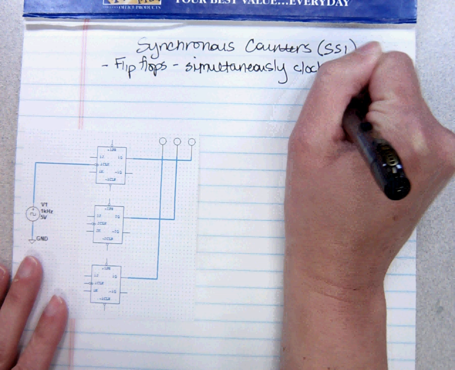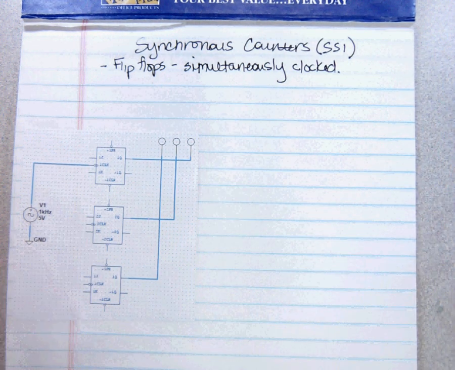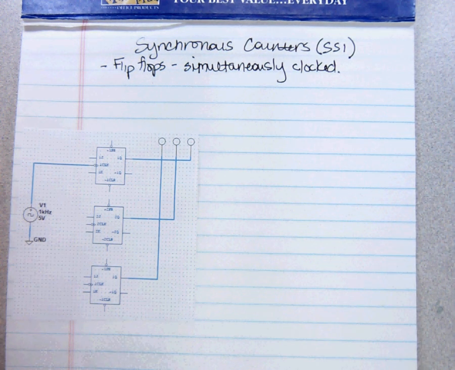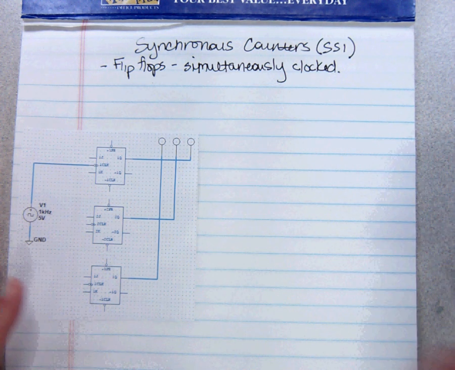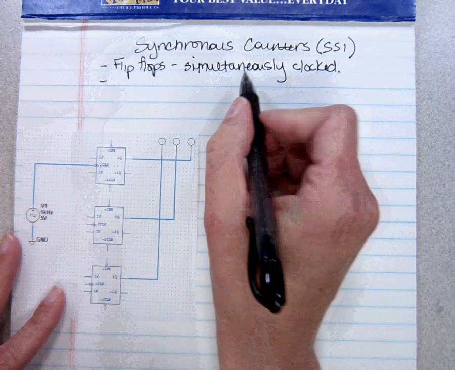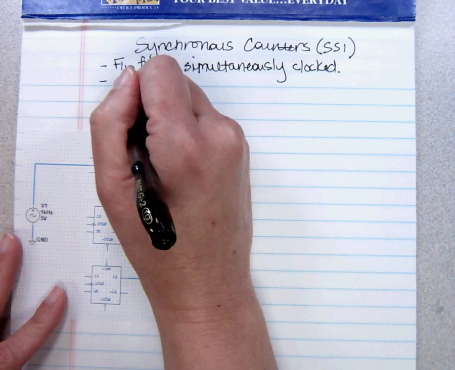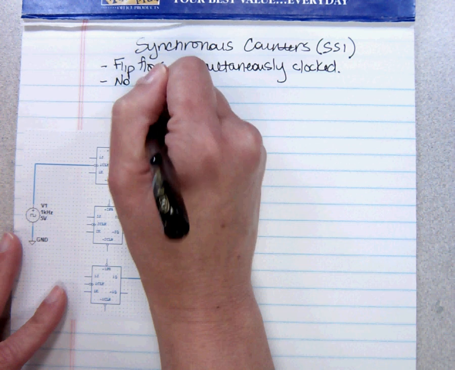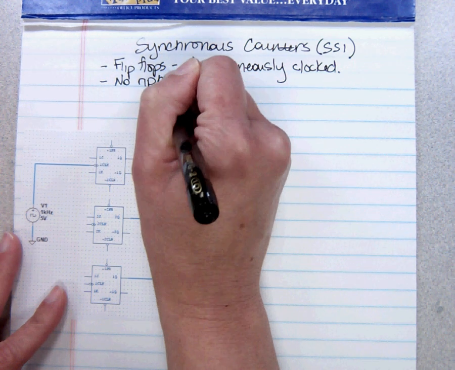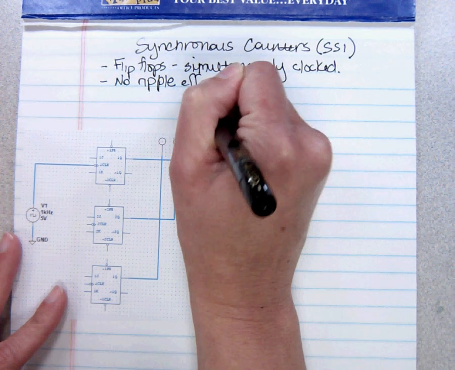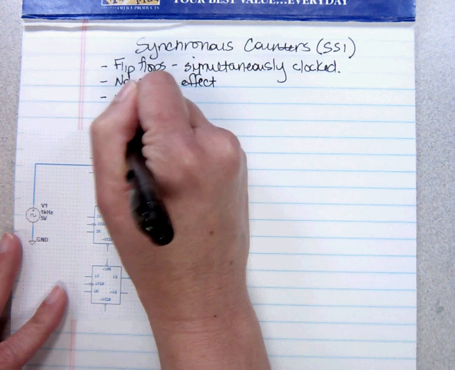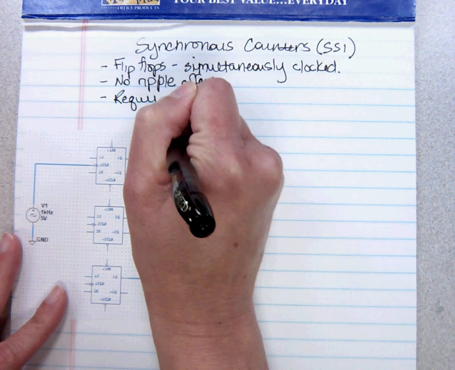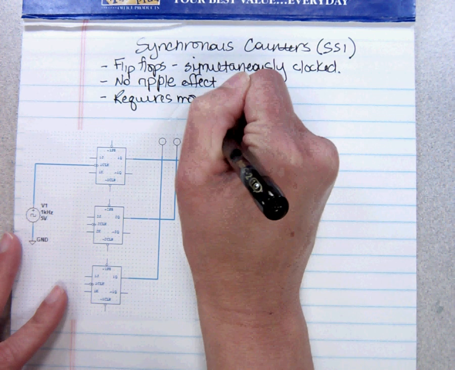You'll remember from asynchronous that there was what we called a ripple effect, because one clock would feed into the next, and that caused a slight delay between flip-flops. Since we're simultaneously clocking our flip-flops, there is no ripple effect, so that's one of the advantages of synchronous counters. The disadvantage is that it requires more logic in order to make it work.